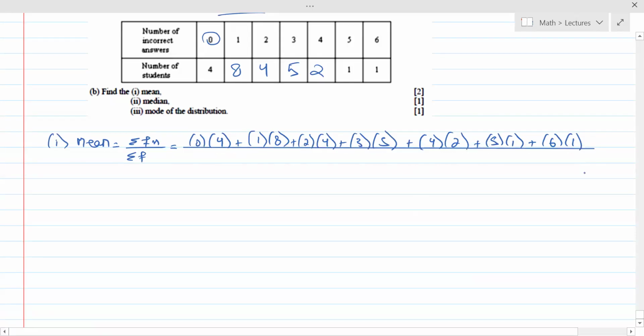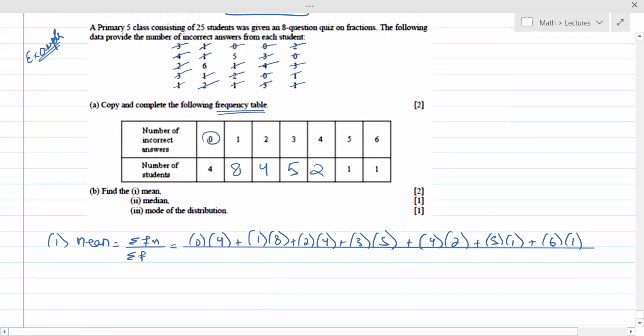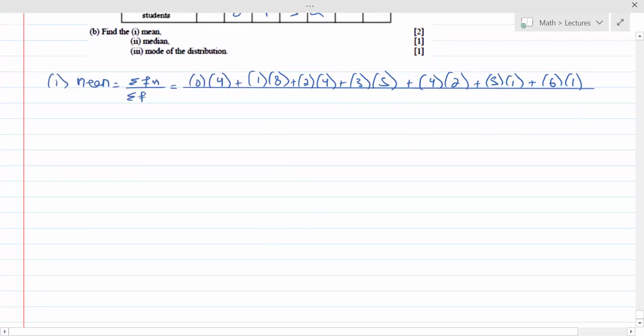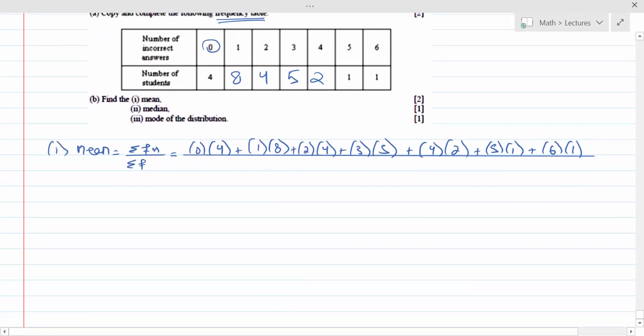And the total frequency here, since it's 25 different students, would be 25.